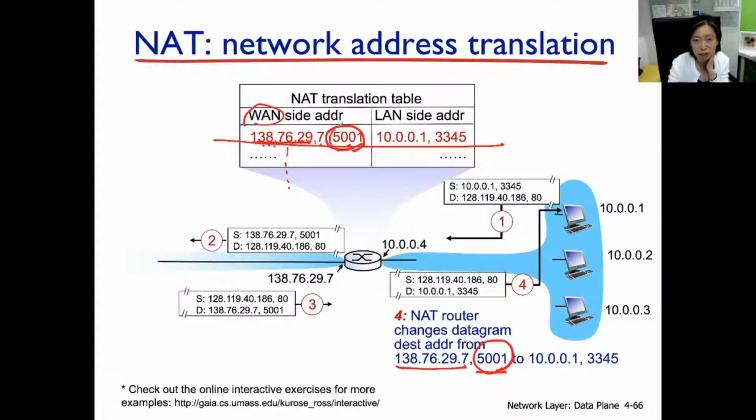So this unique new port number is the key. So for the destination port number, you look up this value in the translation table, identify the entry, and then replace the destination IP address with the LAN side address, and the port number also with the LAN side port number. And that's why we see the destination IP address is now the fake IP, and the port number is now the original browser's port number. That's how NAT works.